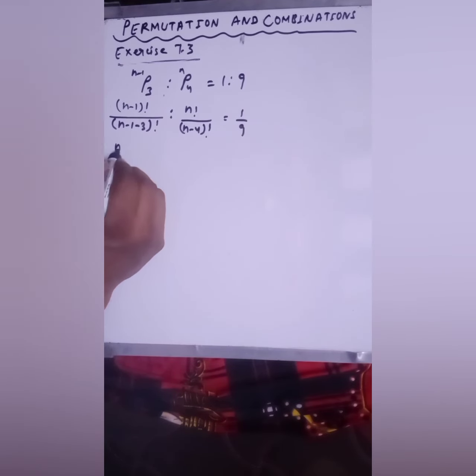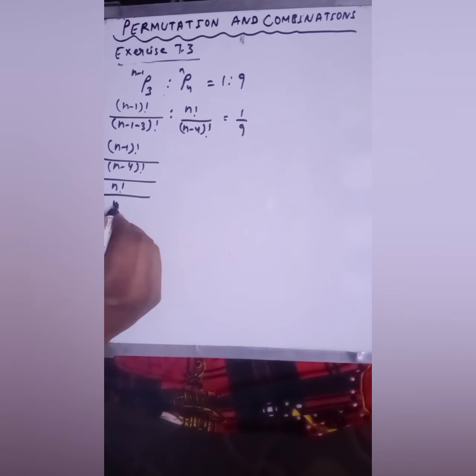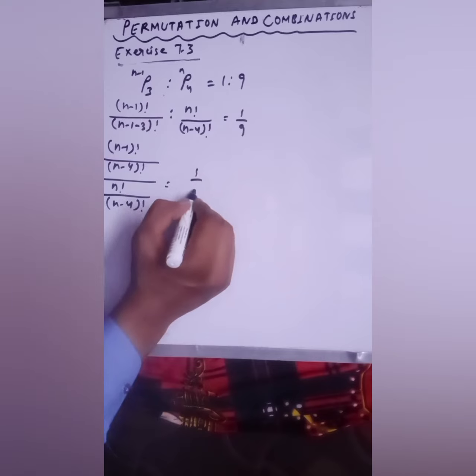Similarly, this (n minus 1) factorial, (n minus 4) factorial over n factorial. This n factorial will come here, n factorial over (n minus 4) factorial, that is equal to 1 by 9.